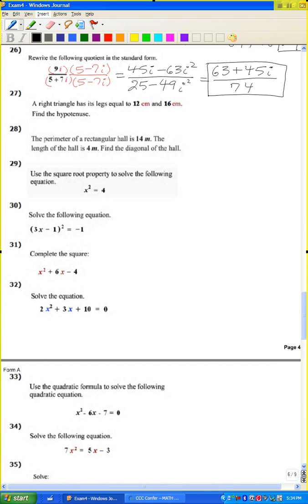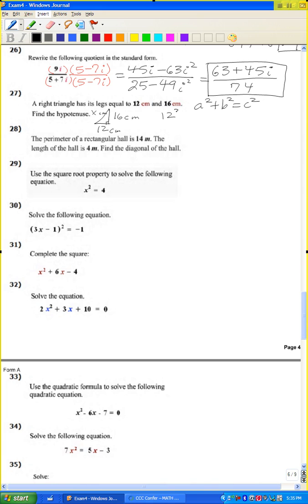Okay. Let me do problem 27. I think I have enough space. You have a right triangle with legs 12 and 16 centimeters. You want to determine the hypotenuse. By the Pythagorean theorem, a squared plus b squared equals c squared.